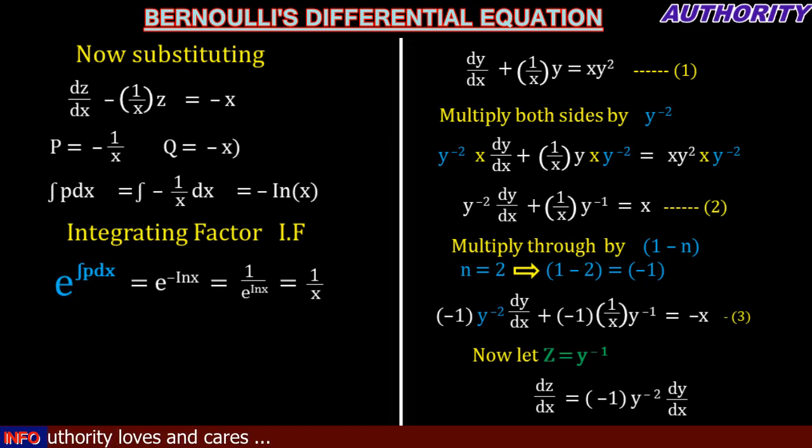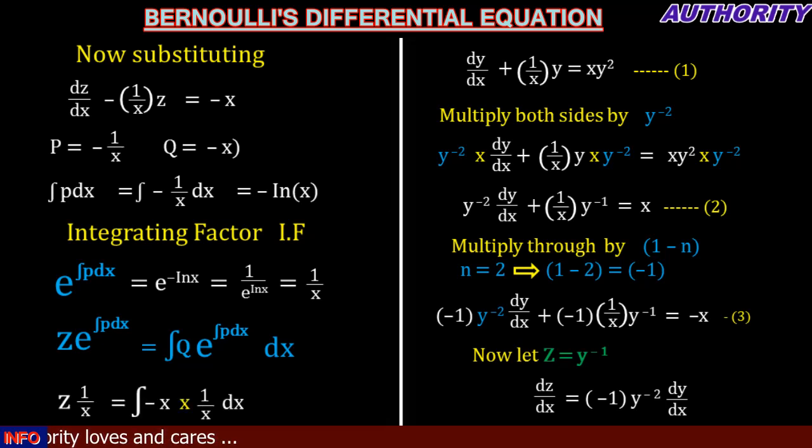So our solution is z multiplied by the integrating factor equal to the integral of q multiplied by the integrating factor dx. You get it right? Good. So the integrating factor we have is 1 all over x.